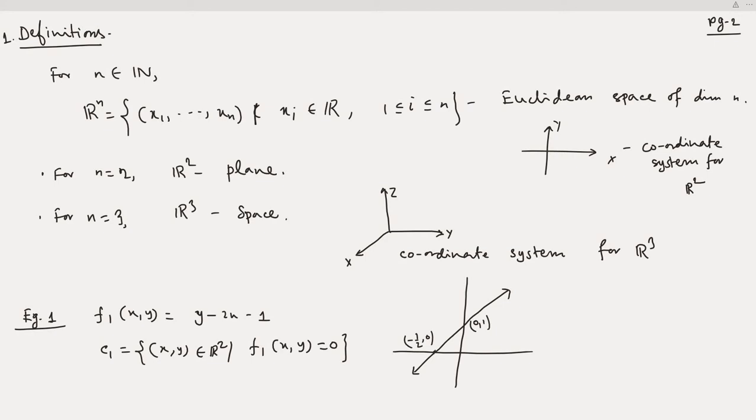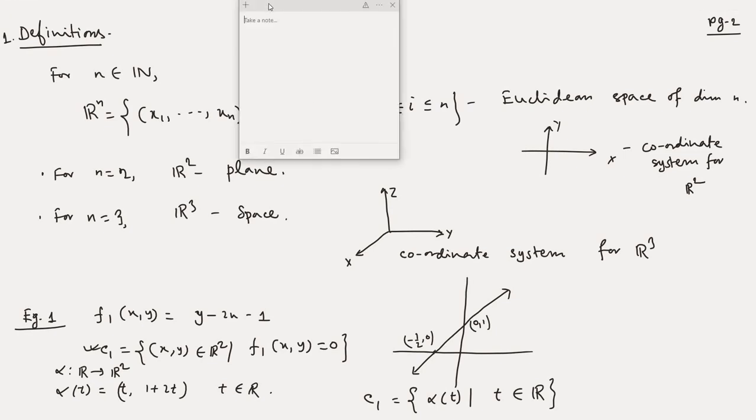One may represent this straight line equivalently as alpha of t equal to (t, 1 plus 2t), where t belongs to R. Then C1 can be written as the set of alpha of t such that t belongs to R. Here alpha is a function from R to R2, and for every real t you get some point (t, 1 plus 2t) in the set C1.